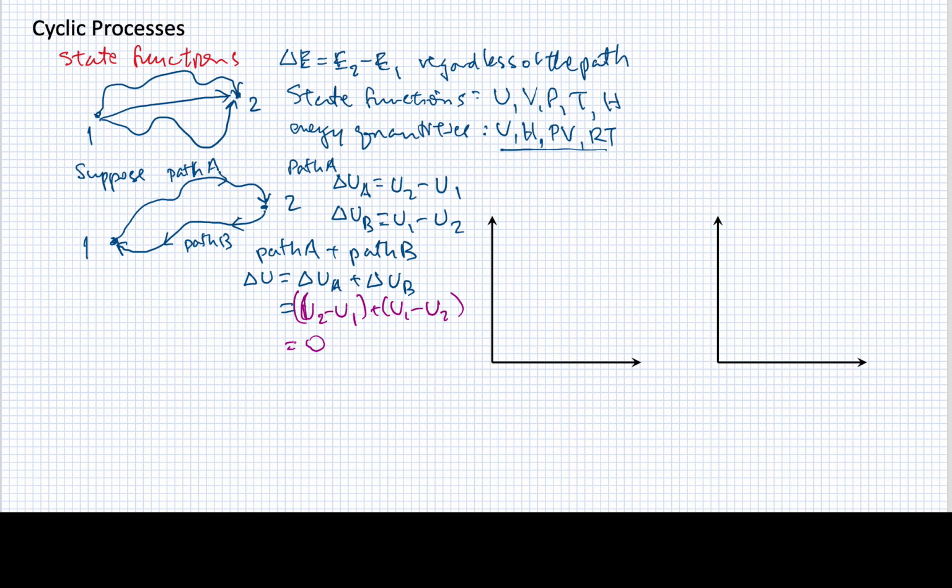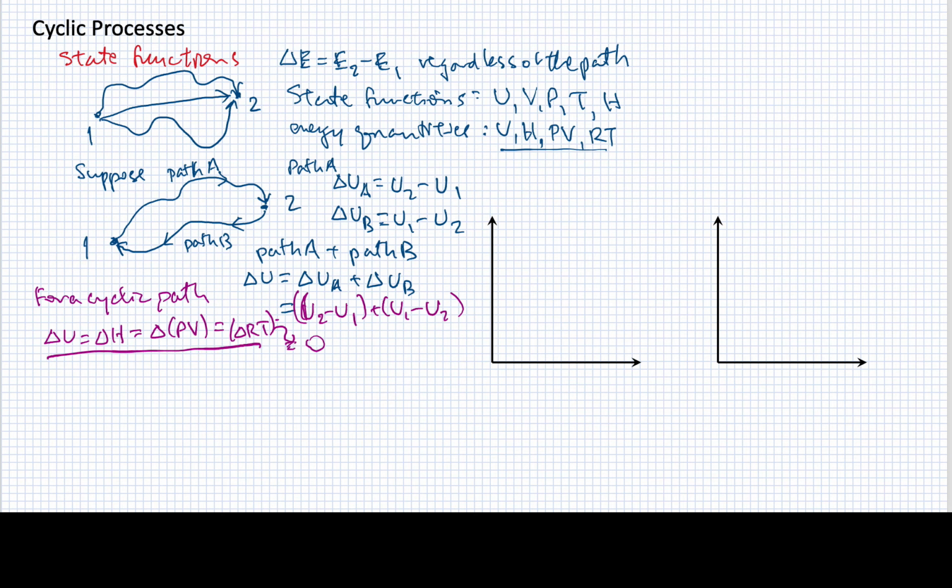This is generally true of cyclic paths. So for a cyclic path, this includes delta internal energy, delta enthalpy, it also includes things like delta PV and delta RT, all of these are going to be equal to 0 around a cyclic path.